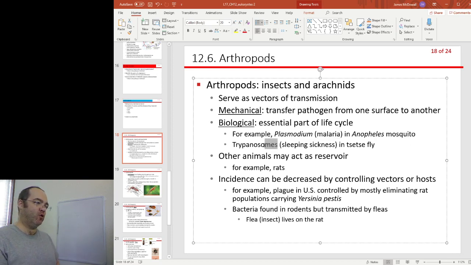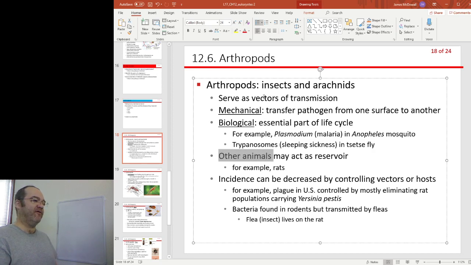Those trypanosomes that cause sleeping sickness, they are transmitted only by the tsetse fly. And again, they require the tsetse fly because they need to perform some parts of their life cycle inside the fly.